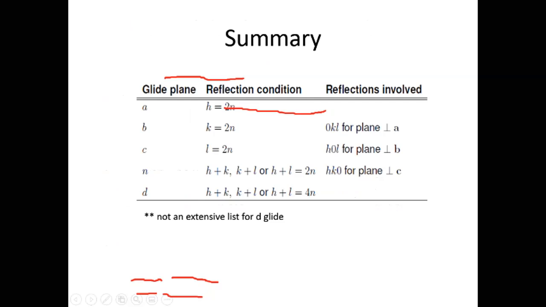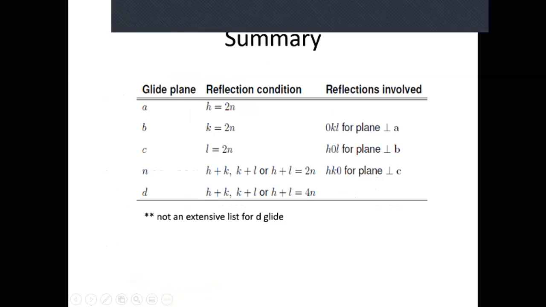And this is just an overview about what we just talked about with glide planes. For D-glide, it's not a very extensive list because it's actually longer than this. But we're not going to look at D-glides per se. We're mainly going to look at A, B, C, and N-glide reflections or symmetry operators.